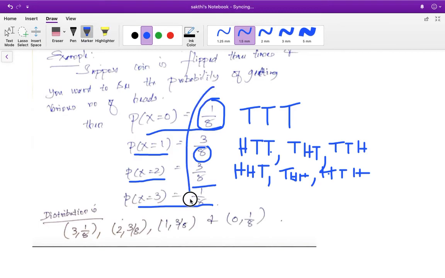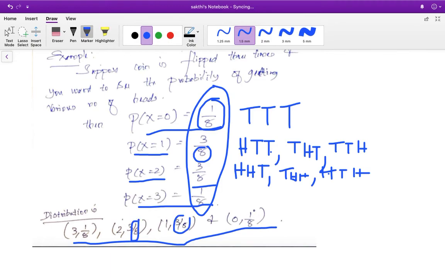So now we have listed all the possible values, and the probability distribution is this. Getting 3 heads is 1 by 8, getting 2 heads is 3 by 8, getting 1 head is 3 by 8, and getting 0 heads is 1 by 8. That is nothing but the distribution we are talking about.